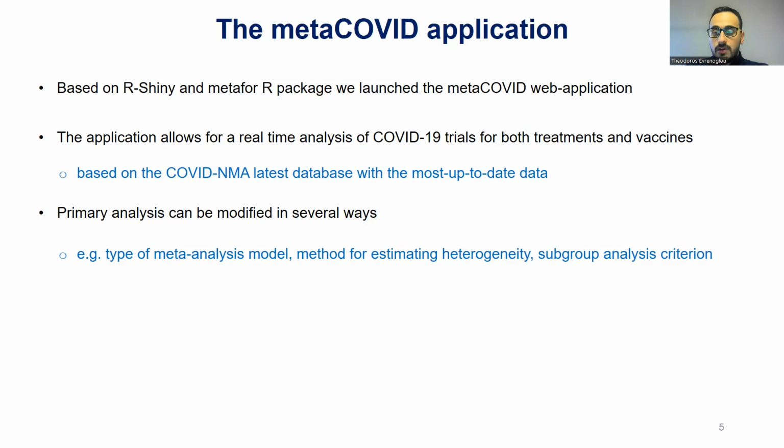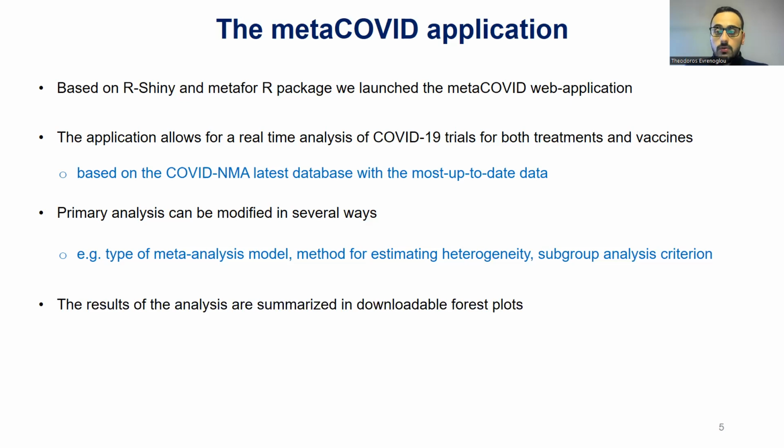For example, they can modify the type of the meta-analytical model, they can modify the method for estimating the heterogeneity, and they have also some other options. The output of the application is again a forest plot that the user can download and use for their own personal needs or their own scientific projects.